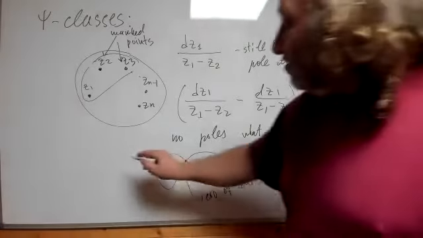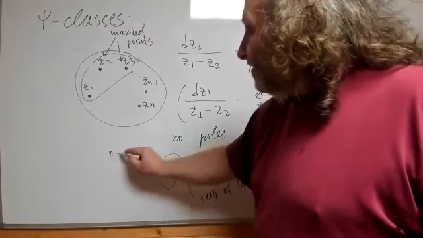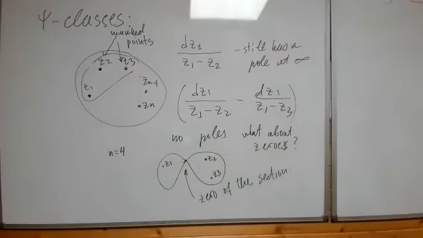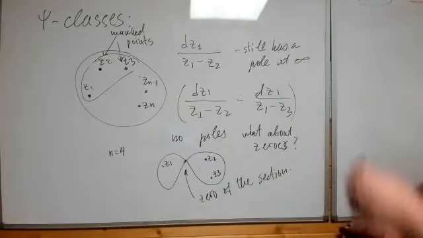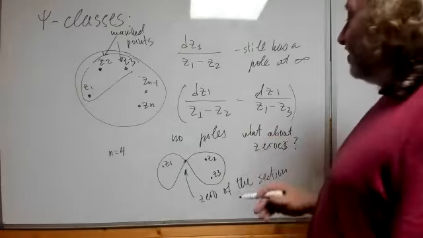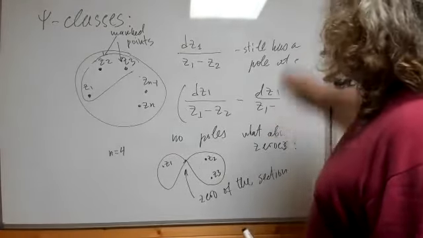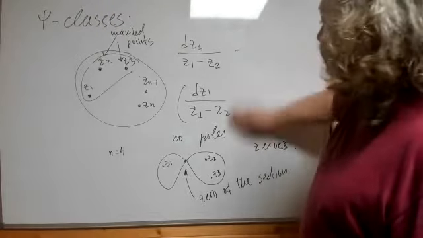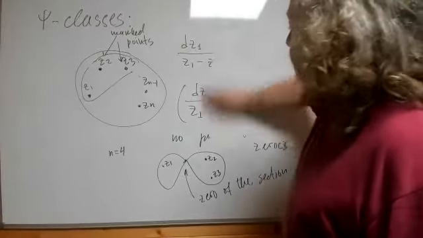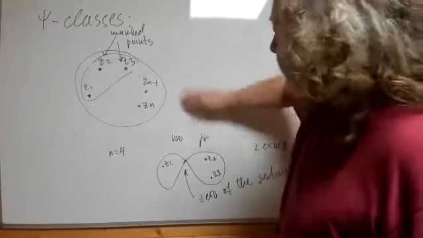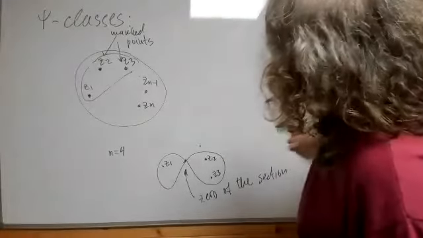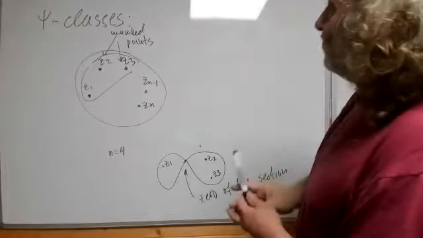In particular, if n equals 4, we need to draw the zero as follows.